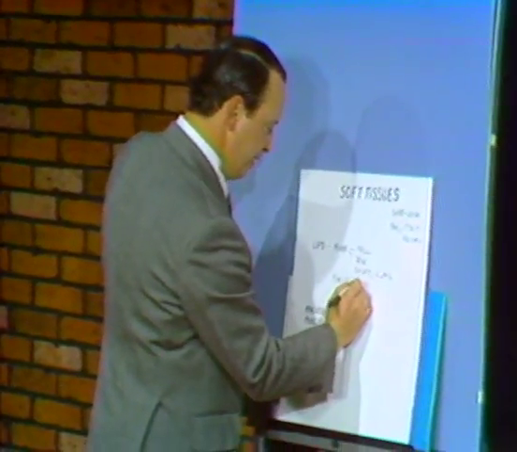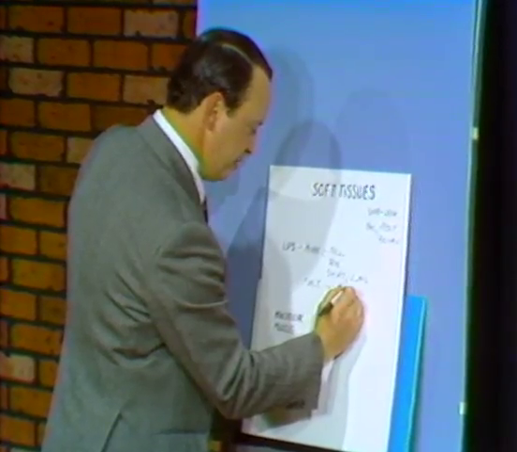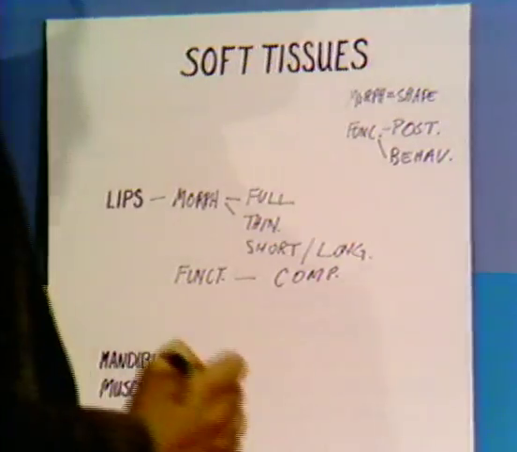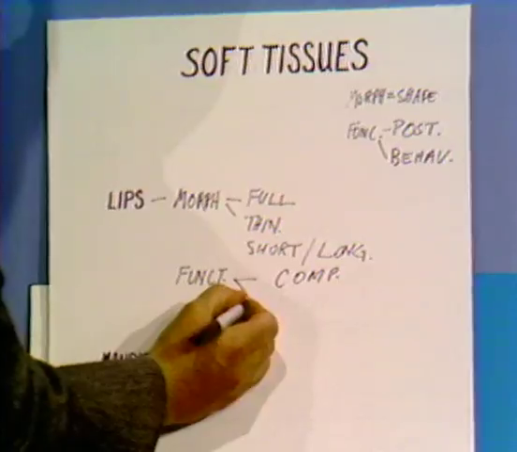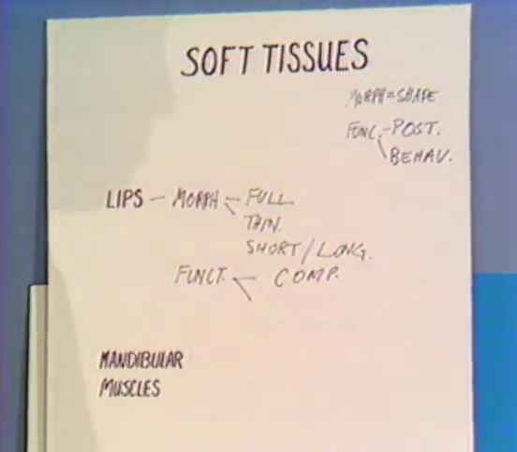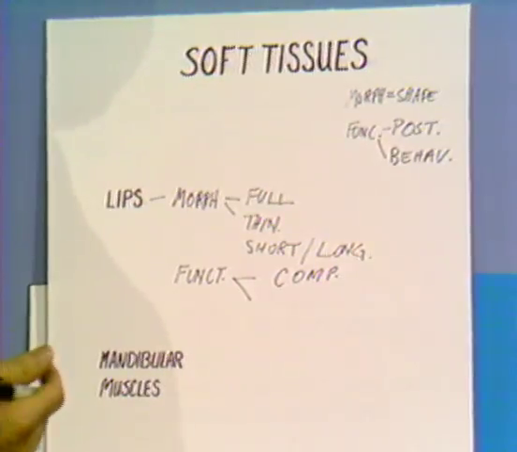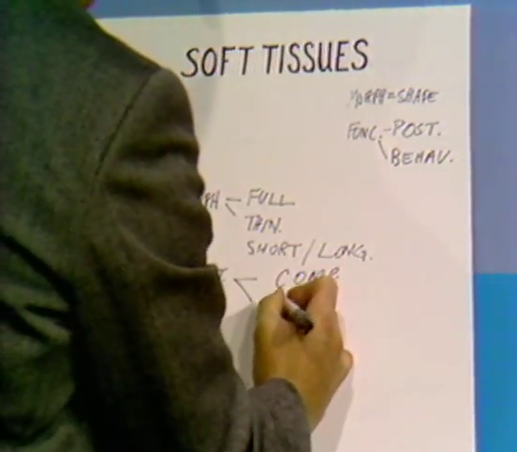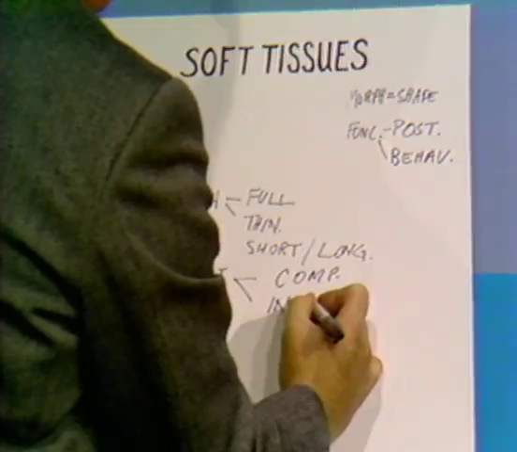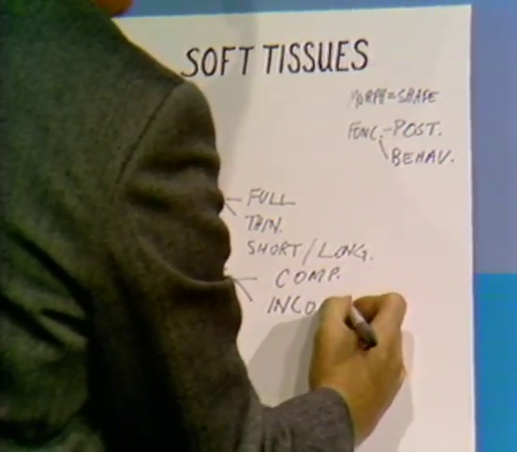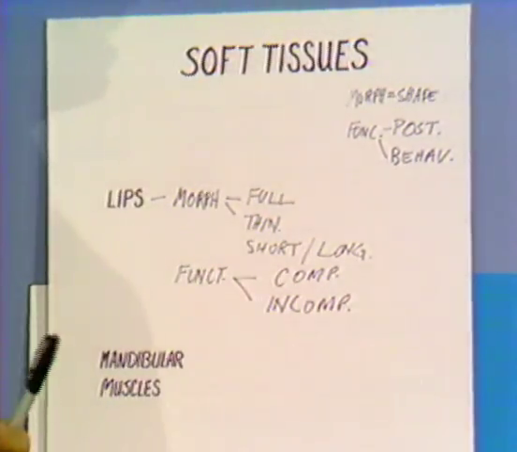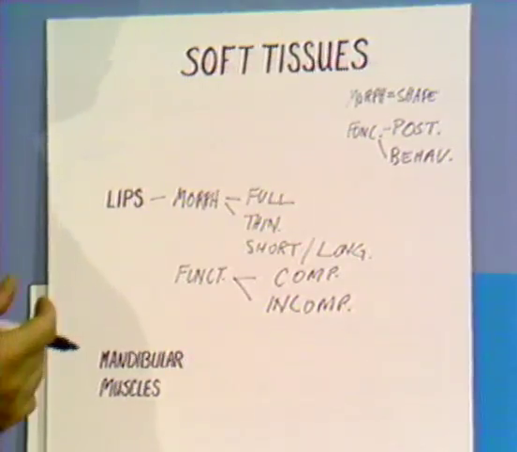So we may have lips which are competent, and as you remember, competent lips are those which, when the patient is relaxed and the muscles of facial expression are also relaxed, do come into light contact. On the other hand, we may have incompetent lips, which are functionally incompetent, and that means that when the patient is relaxed, the lips are apart.